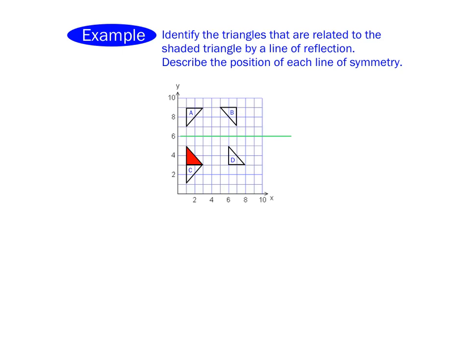So we can write that up too. We can say that triangle A is a reflection through a line that goes left to right, so that would be a horizontal line.